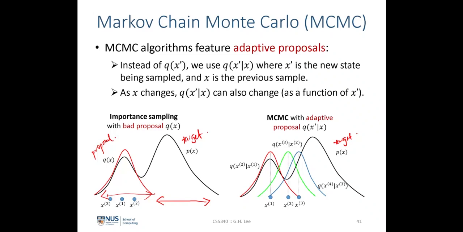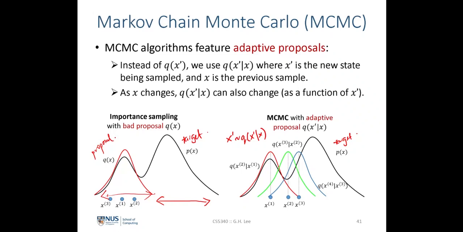We'll draw the current sample x prime directly from this adaptive proposal distribution that is conditioned upon the previous sample that was drawn.